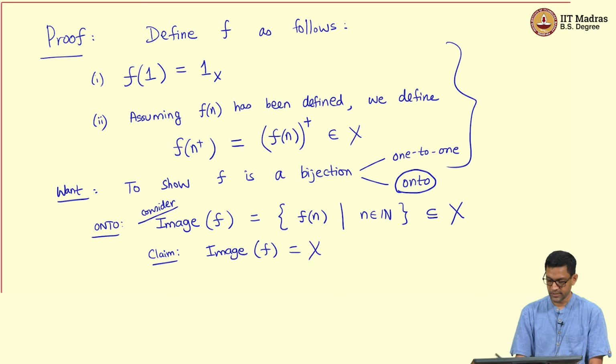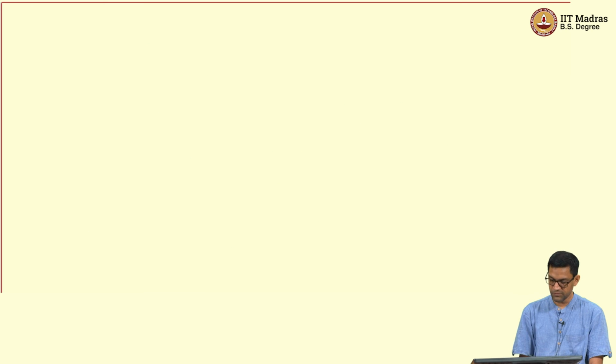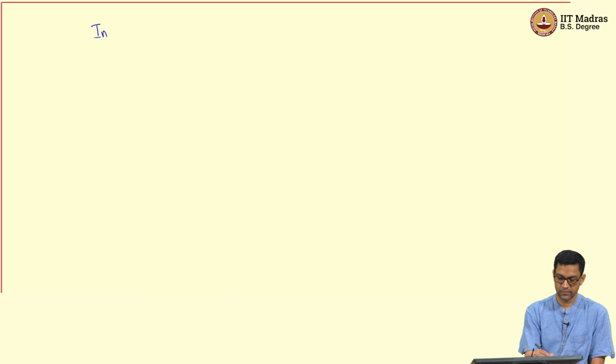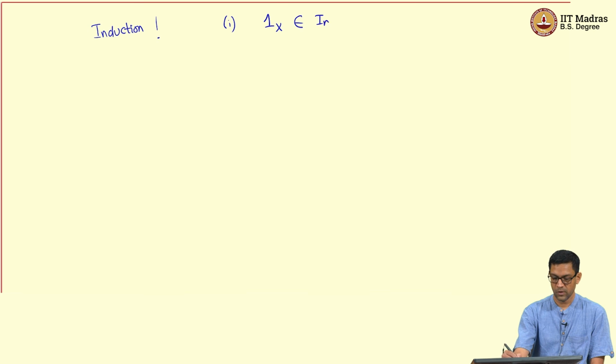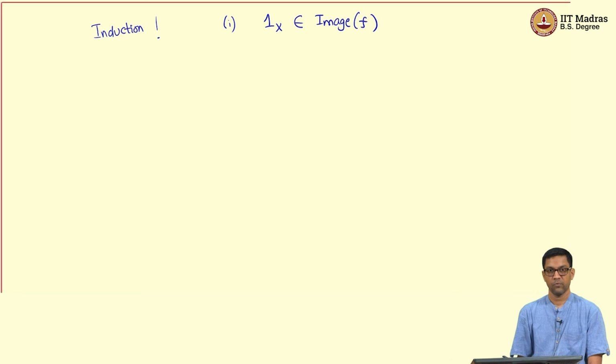To prove this we will use the principle of mathematical induction again. What does that mean? We will use induction. What do we need to do? We need to show two things. We need to show that 1 belongs to the image. Why is that true? Because that is how we define f of 1.